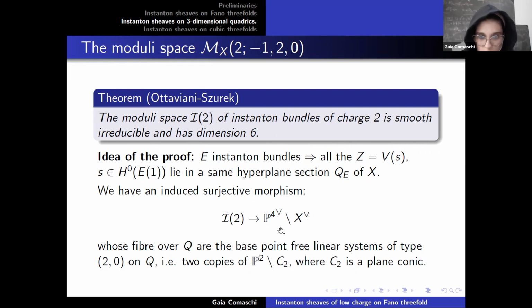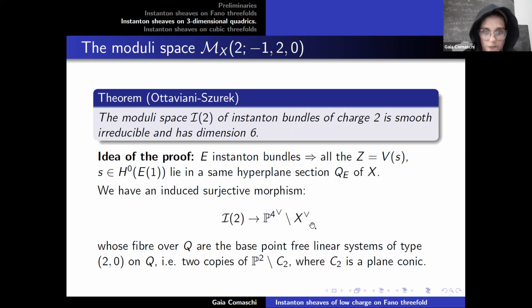So here we are considering the dual projective space. We are throwing out the dual hypersurface. So in other words, here we have the family of smooth hyperplane sections of X. So this is just the morphism that sends E to the hyperplane section that I named here Q_E.